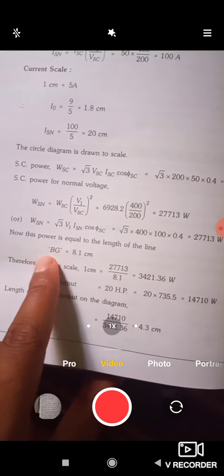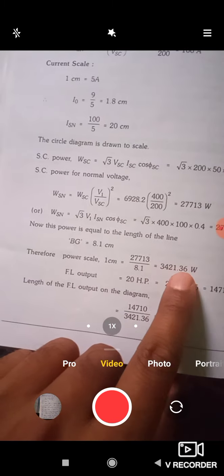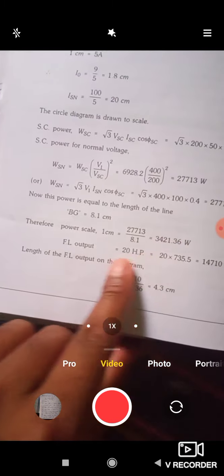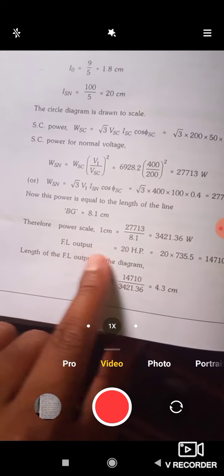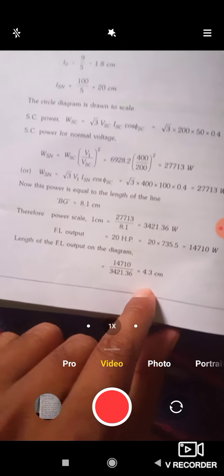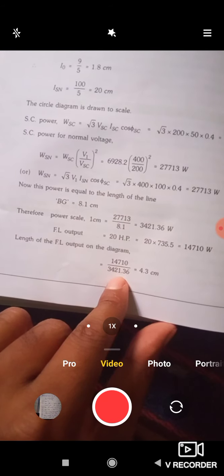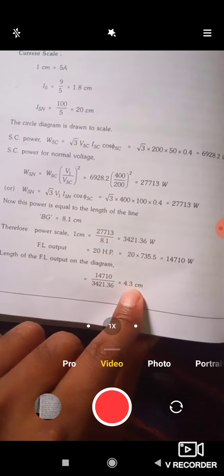After finding the power scale, which is 3421 watts per centimeter, then we have to convert the full load output in watts to centimeters. So dividing the full load output by the power scale, we will get 4.3 centimeters.